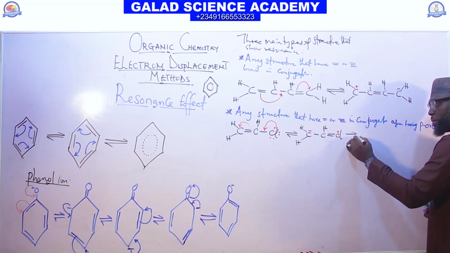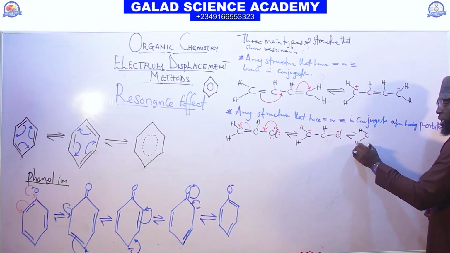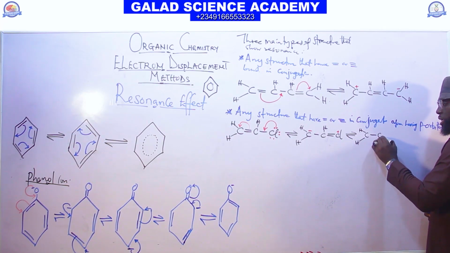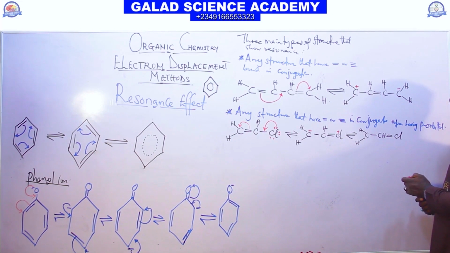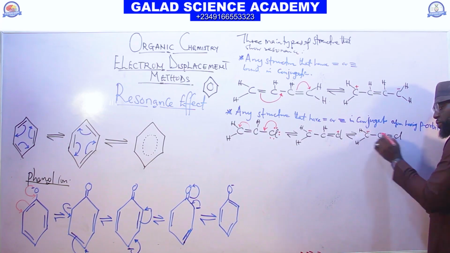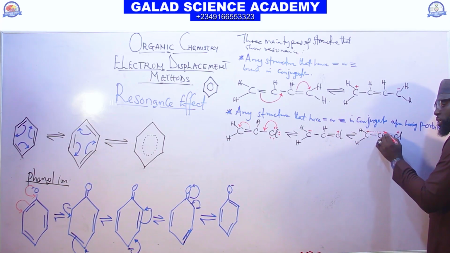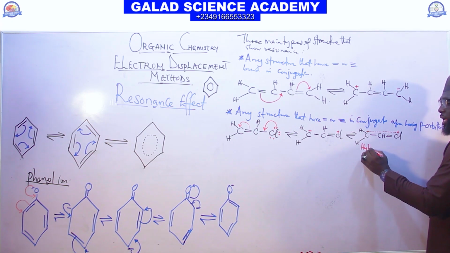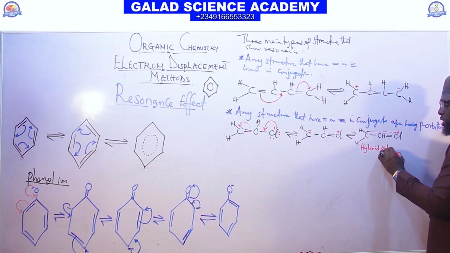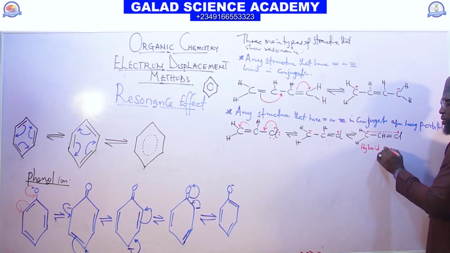This can also migrate, so we can have it in this form: CH2 single bond CH double bond Cl. Don't forget that this is negative and this is positive. And you can now put the hybrid structure.